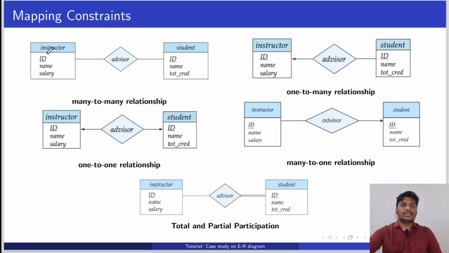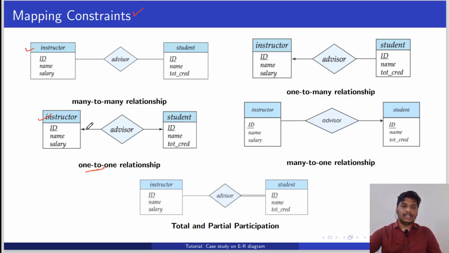Now let us discuss mapping constraints. This part is covered in week 4 by the professor, so I will quickly go through it now. Here the instructor and student tables are there, and this indicates a many to many relationship. Similarly here the relationship between the instructor and the student is 1-to-1.